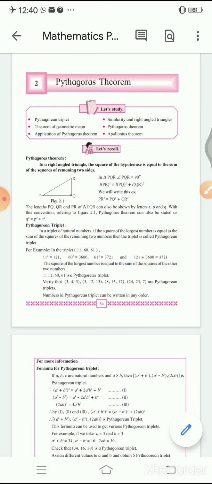In this chapter I am explaining what we will have to learn.